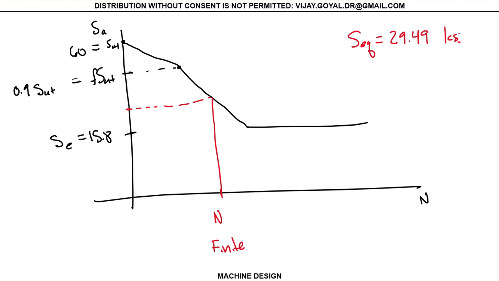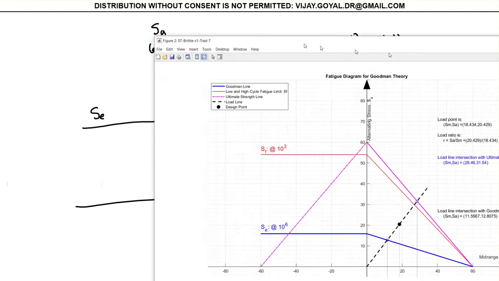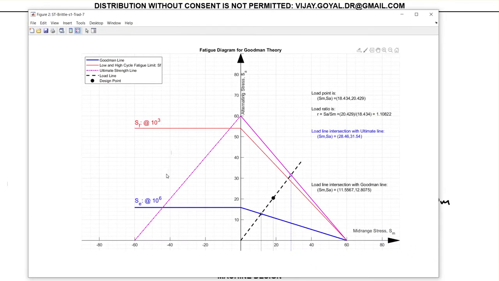And you can see that from this chart as well. I'm going to be located here, which will represent finite life. If you want to look at how this plot looks in Matlab, your Matlab code plots this for you, and you can see the intersection of this curve.